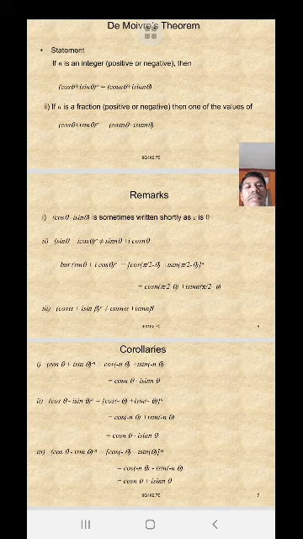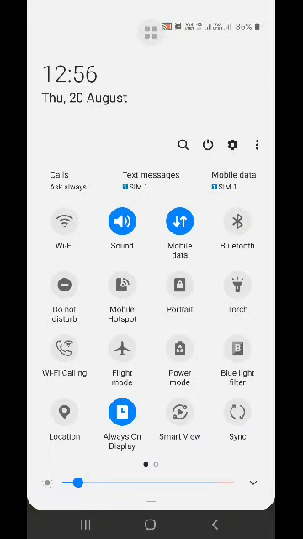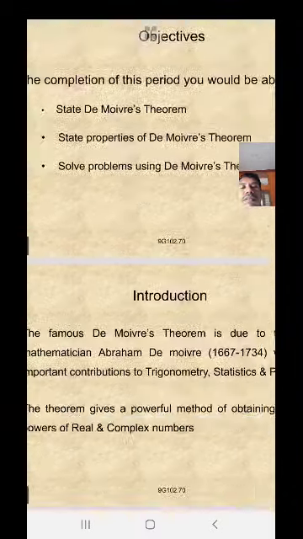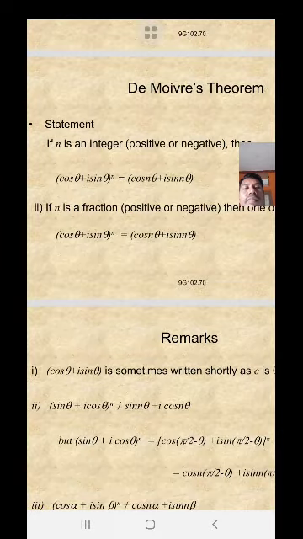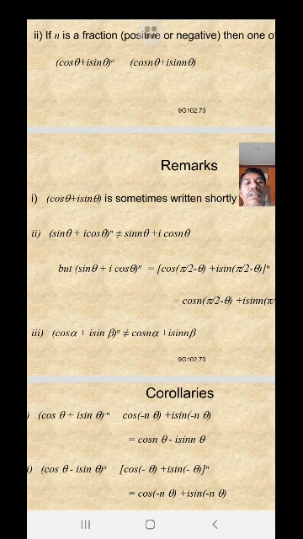Second point is sin theta plus i cos theta whole power n is not equal to sin n theta plus i cos n theta, but sin theta plus i cos theta whole power n equals cos of pi by 2 minus theta plus i sin of pi by 2 minus theta whole power n.